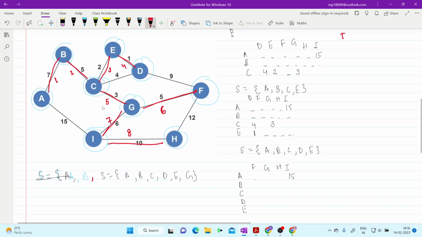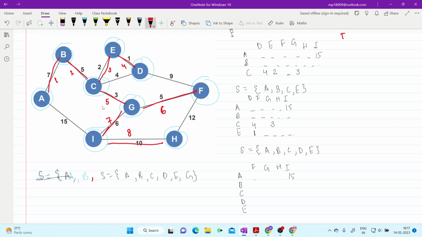Prim's is more efficient because in Kruskal's algorithm at every stage we are looking at the weight of every edge, but in Prim's algorithm the number of edges considered becomes comparatively less because we are looking at the cut edge.